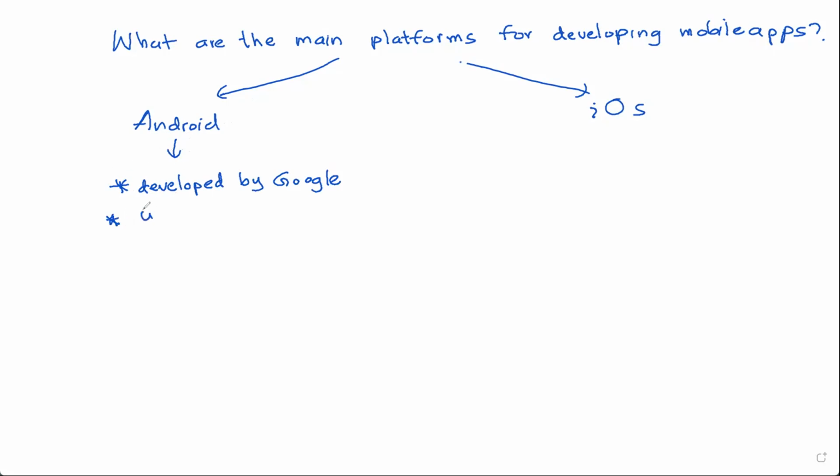And it has a wide range of devices that use the Android OS, as we discussed before: smartphones, tablets, smart watches, and so on.